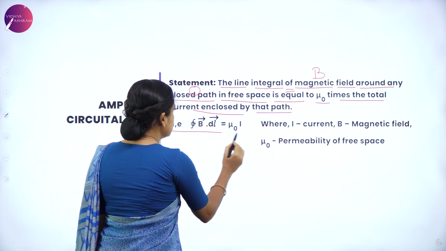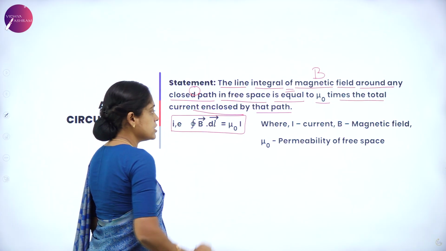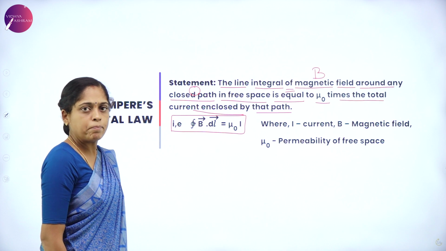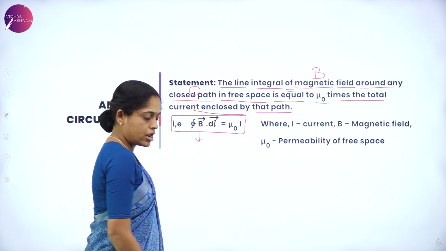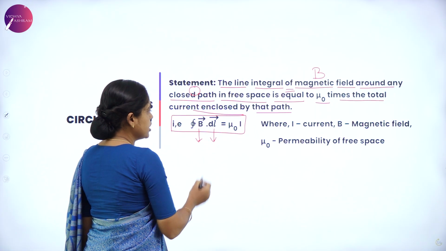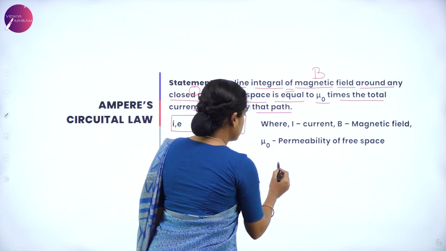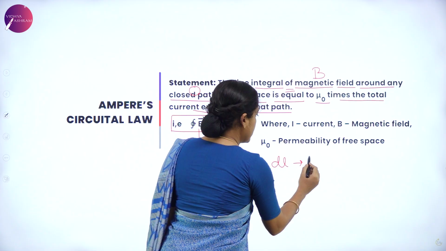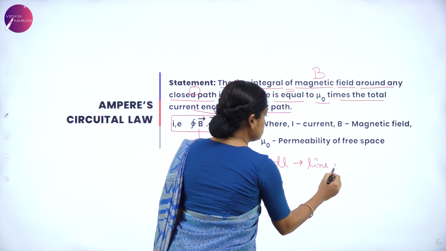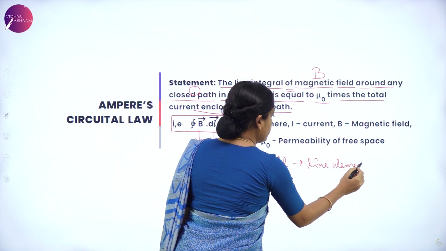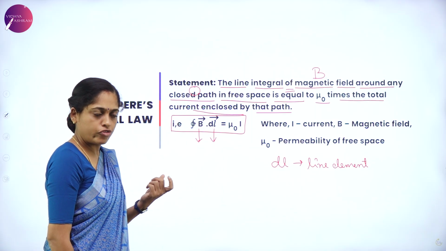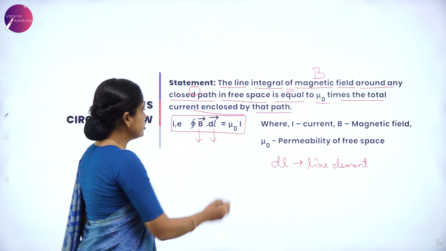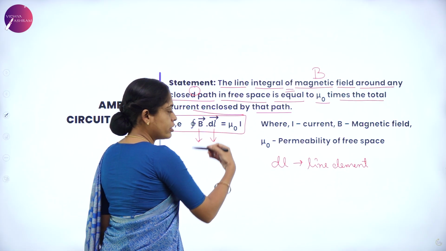So this is the Ampere's circuital law statement in mathematical form, where B represents the magnetic field and dl represents the line element of the closed path, meaning the small portion of the closed path, which is equal to mu naught times the total current enclosed by that closed path.